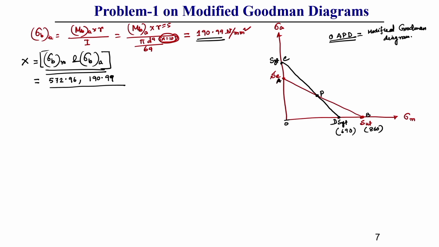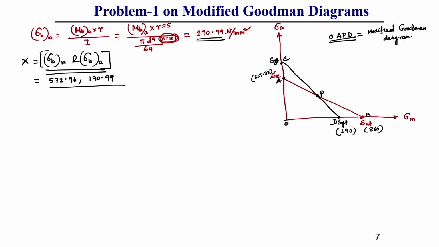Now I am plotting this x point. Once I plot the x point, what will I get? How much endurance strength did we get? A little bit here I am putting, then it will be more clear to you. This value is 255.85.